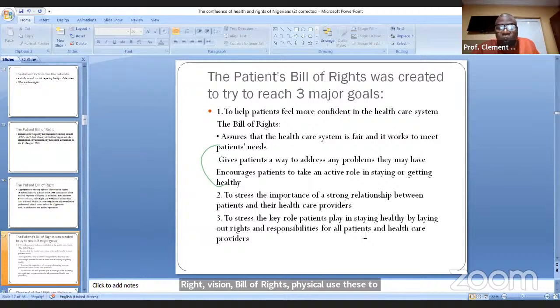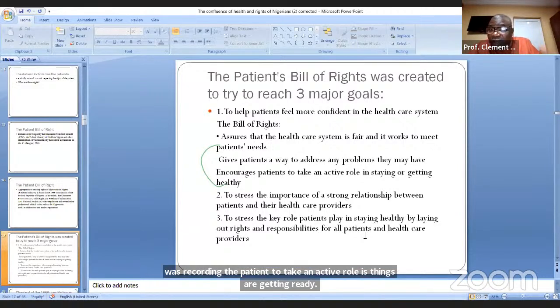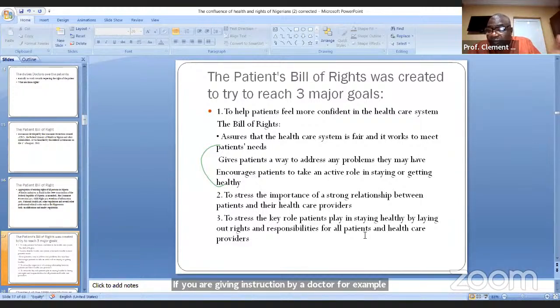It also encourages a patient to take an active role in staying or getting healthy. This is what we call contributory negligence. If you are given instruction by your doctor, for example, to take one tablet a day, it's written for you, and they ask you, did you understand? You say, yes, sir. Your voice, your understanding, is documented, maybe with a witness around.